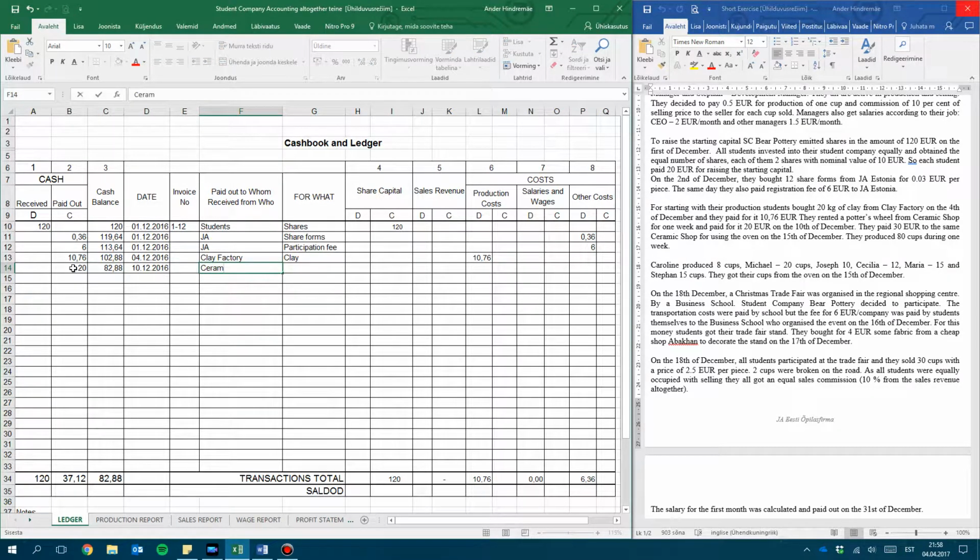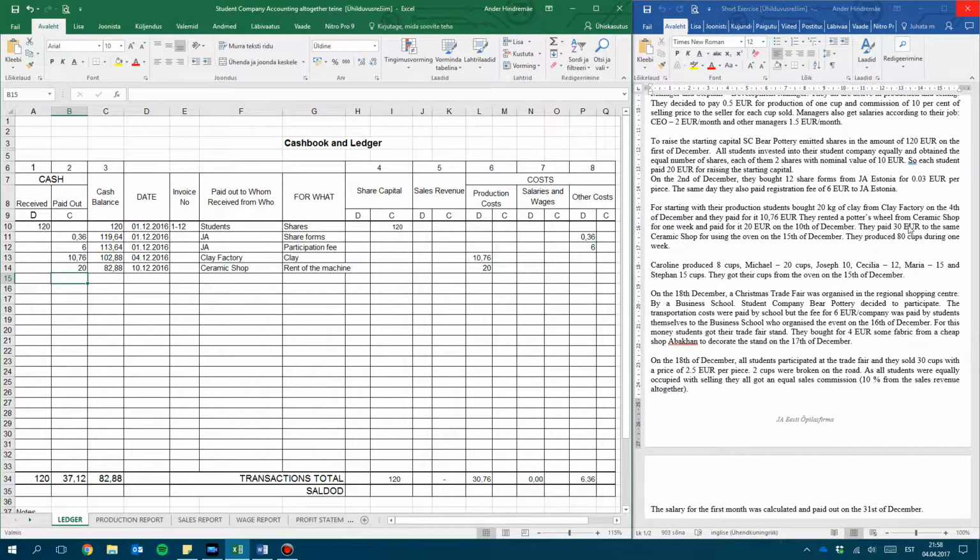Paid to the ceramic shop for rent of the machine. And again, production costs because the machine will be used for production. Debit finds its credit, €20, it's here.